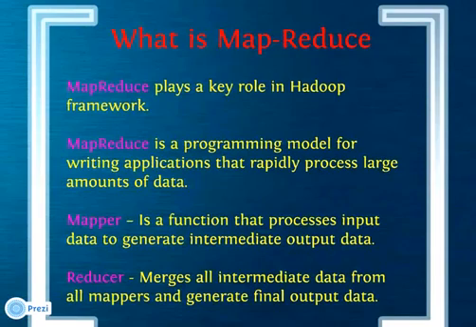If you need a type of definition, mapper is a function that processes input data to generate intermediate output data. Why is it intermediate output? Because this is not the final output. The reducer merges all the intermediate data from all the mappers and generates the final output data. So this is all about mapper and reducer.